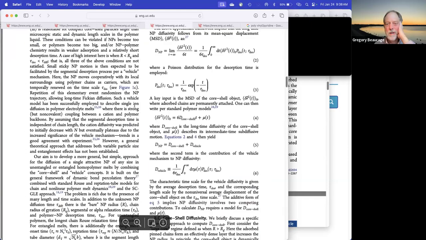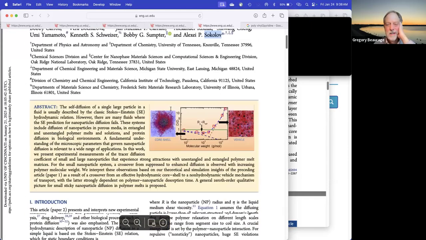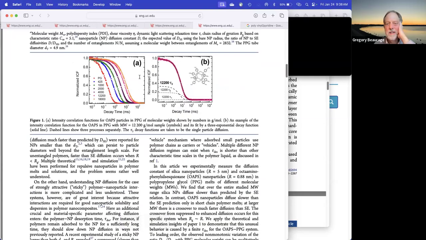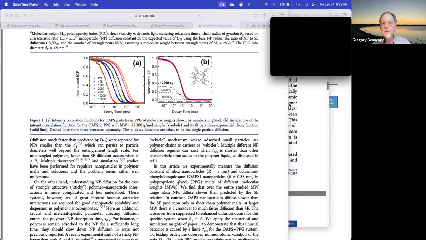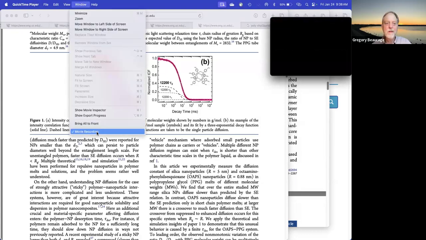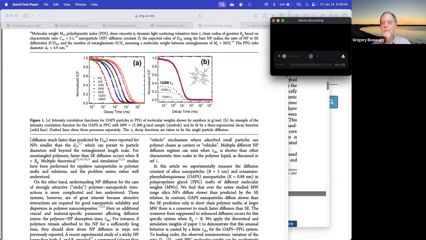And one method is this. So it's shown in here. You have particles in a solution and they're thermally vibrating around. If you look at the position of the particles over time, you get a jagged curve. Anyway, you get a jagged time trace, and if you take positions on that, you can get a correlation function.